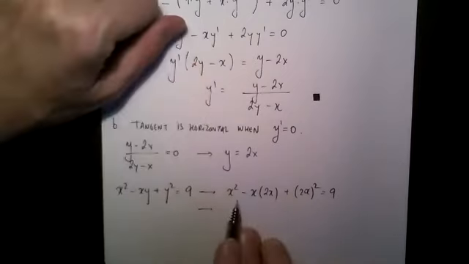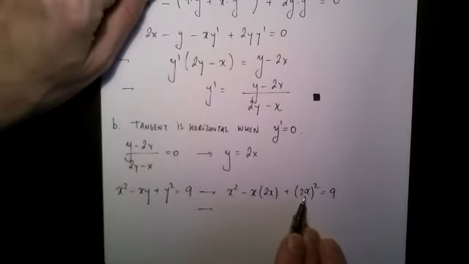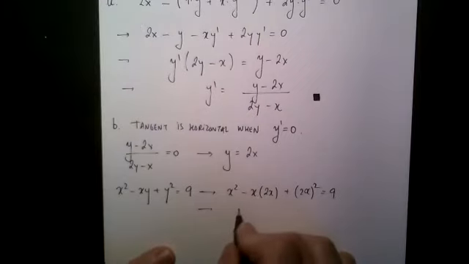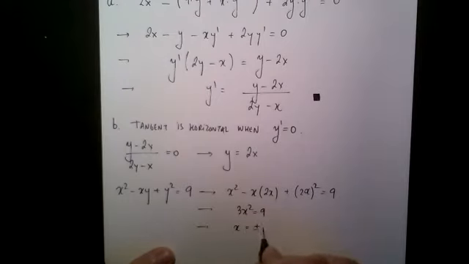And that means that x squared plus 4x squared is 5 minus 2 is 3x squared. So 3x squared is equal to 9. And so x is equal to plus or minus the square root of 3.